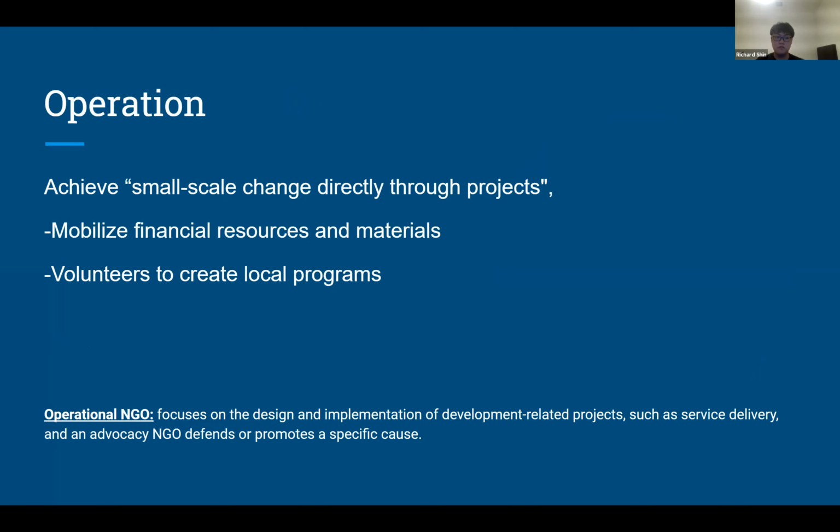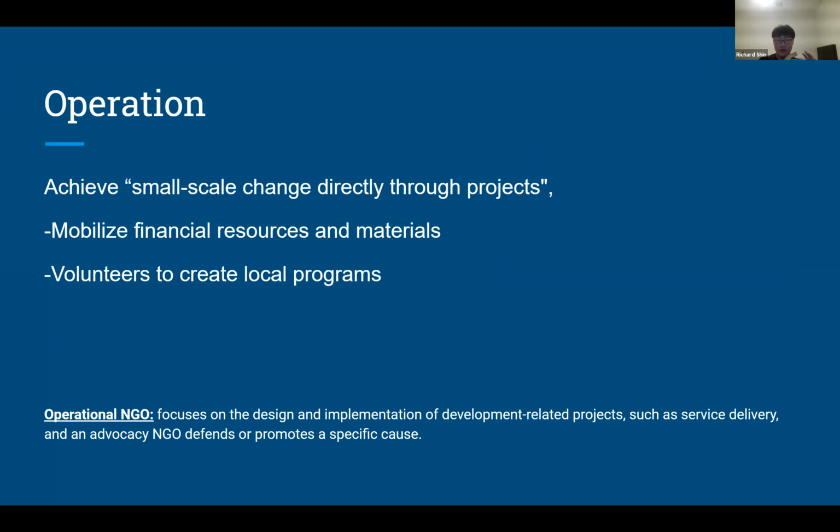So for the operational role of NGOs, it achieves small-scale change directly through projects, while mobilizing financial resources and materials and volunteers to create local progress. Oh, sorry, I want to change that, because I just said operation had a target of a larger role.